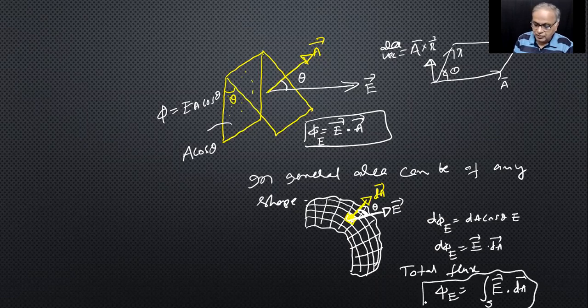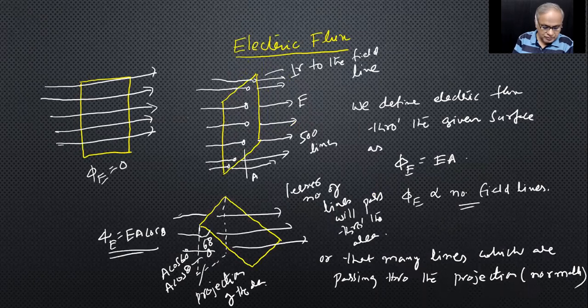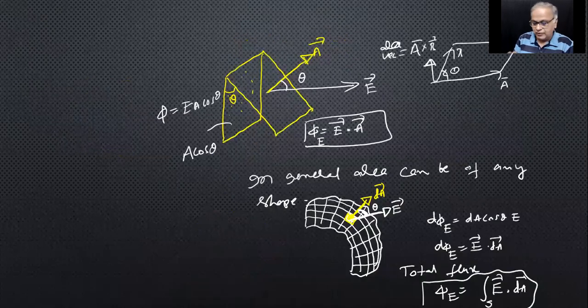Of course, if it is a closed surface, to get the flux through the whole surface, we'll put a circle on the integral sign like this. But here I still put an open surface, doesn't matter. So we went from the easy way to the most generalized way of defining electric flux.